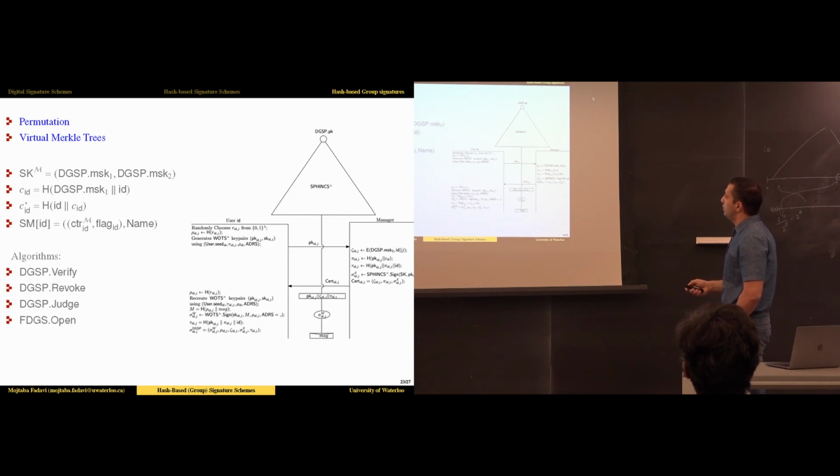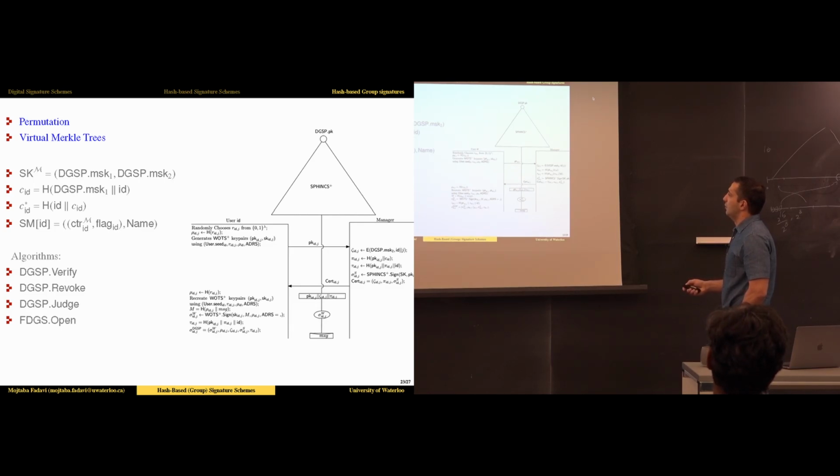In judge, the group manager, after finding the ID, can easily compute CID, which is secret, and compute pi. Having pi, PKI, and ID allows anyone to check that this signature is attributed to the correct user. So we have an efficient judge algorithm here.